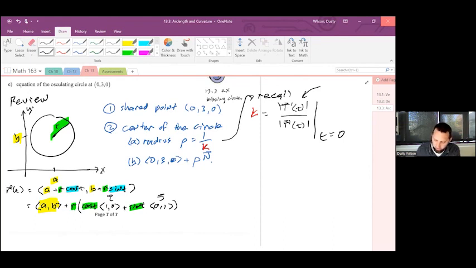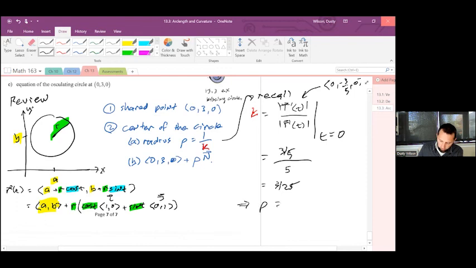And when I evaluate at time equals 0, this is going to be 0, comma, negative 3/5, comma 0. And the magnitude of that is just going to be 3/5. The magnitude of r prime of t is constant for all t, and it was 5. And so that tells us that our curvature is going to be 3/25, which tells us that our radius, rho, is going to be 25/3.